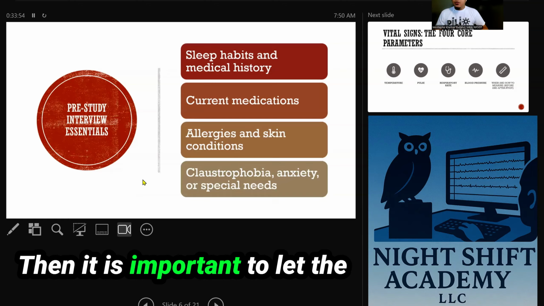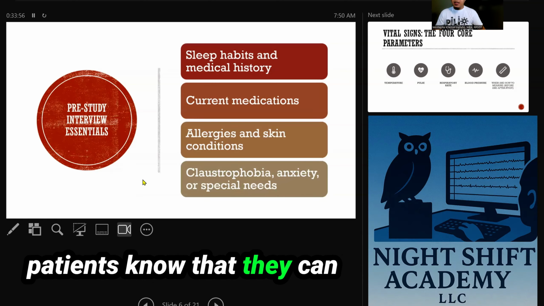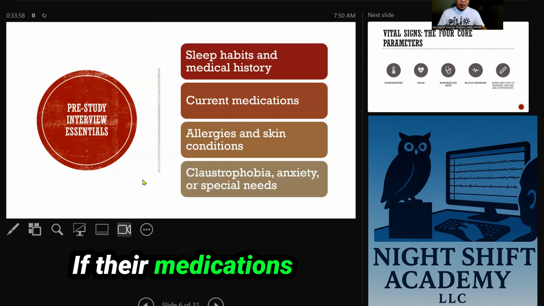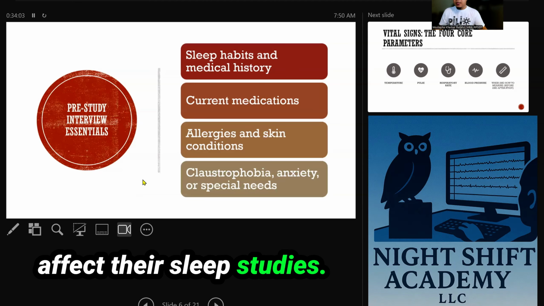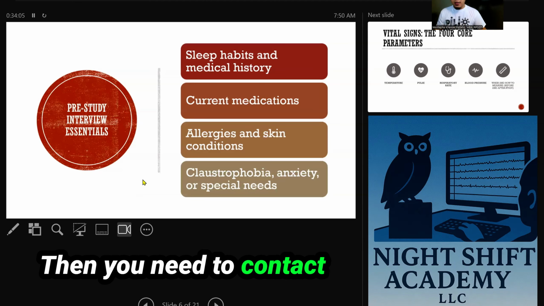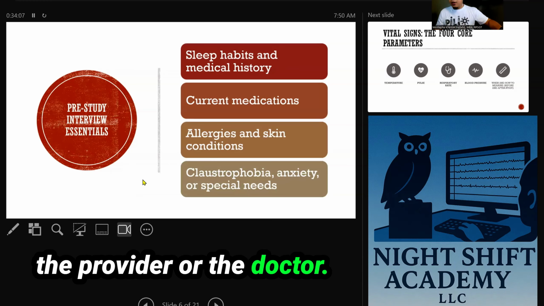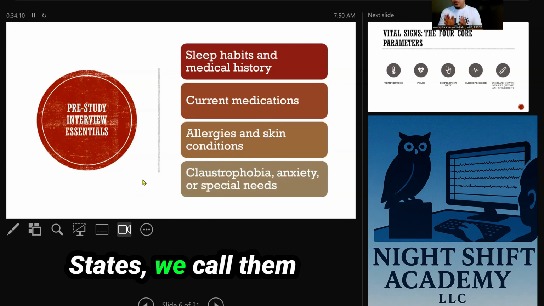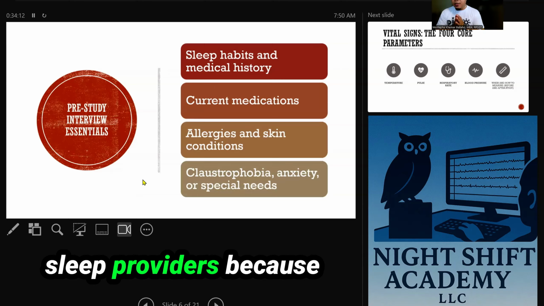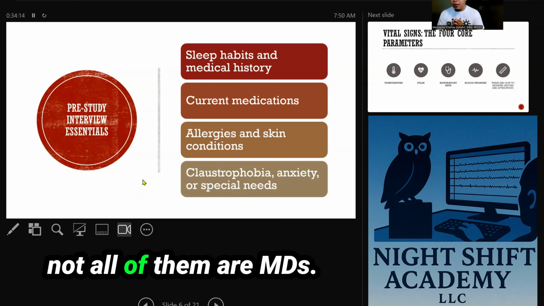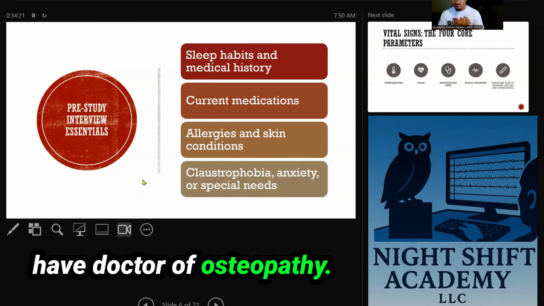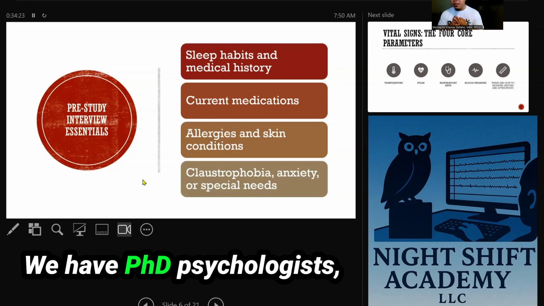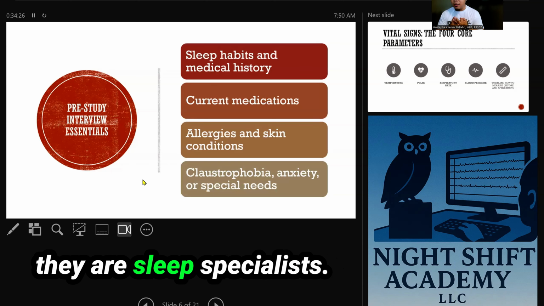And it's important to let the patients know that they can take their current medications. If their medications include drugs that will affect their sleep studies, then you need to contact the provider or the doctor. Here in the United States, we call them sleep providers because not all of them are MDs. In sleep, we have MDs, doctors of osteopathy, and PhD psychologists; they are sleep specialists.